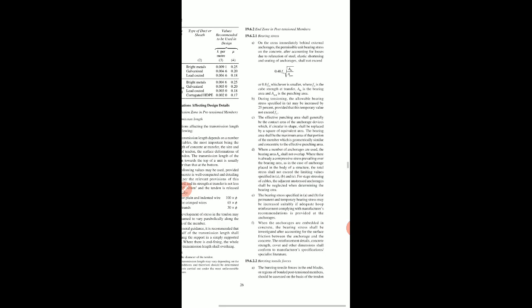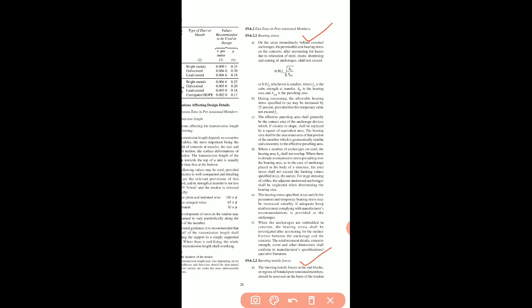Now I have told you about the bearing stress and the bursting force, or bursting stress. These two stresses we have to consider. In clause 19.6.2.1 they have stated the bearing stress.